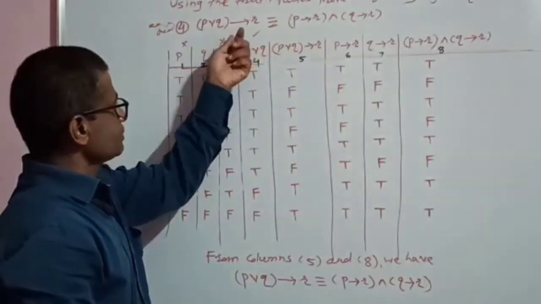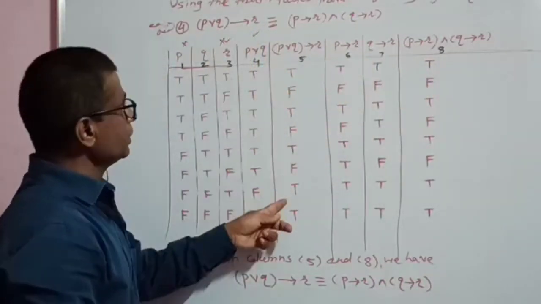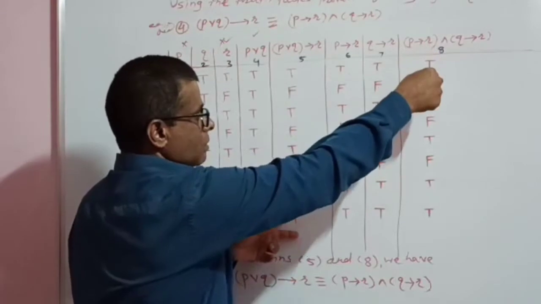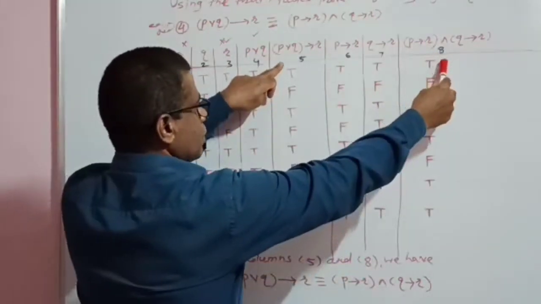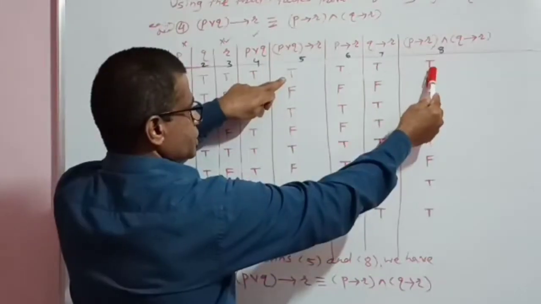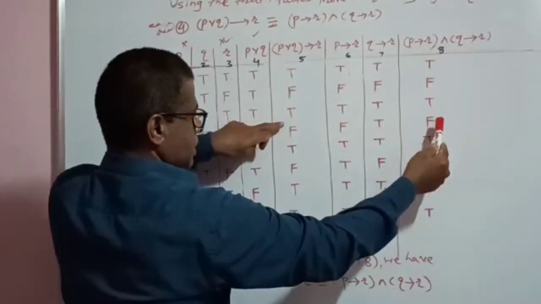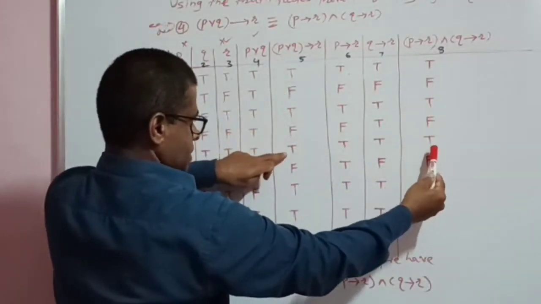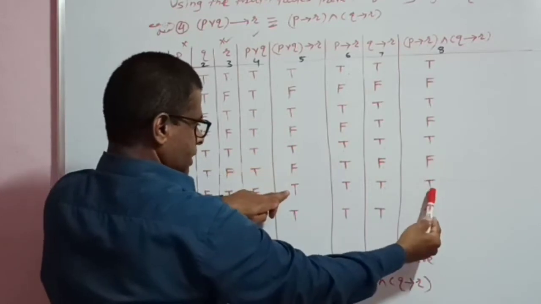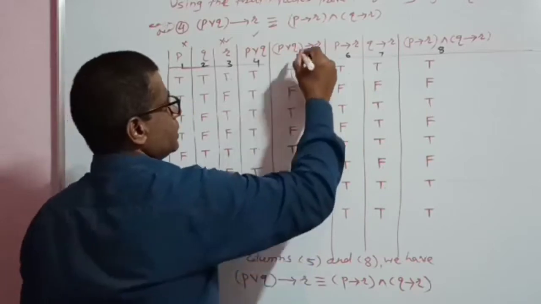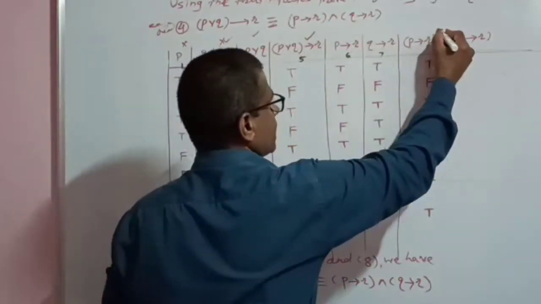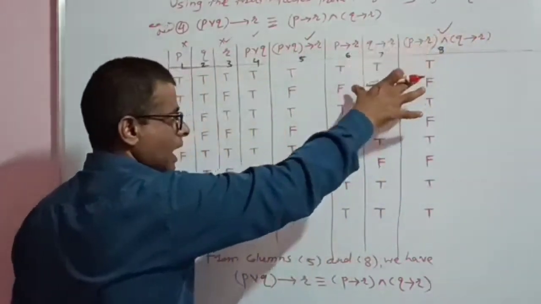The left hand side is present in column number 5 and the right hand side is present in column number 8. So we try to identify the corresponding truth values of these two columns. First is T, next is F, next is T, next is F, again it is T, F, T, T. What does it mean? The corresponding truth values of the left hand side pattern and the right hand side statement pattern are identical.